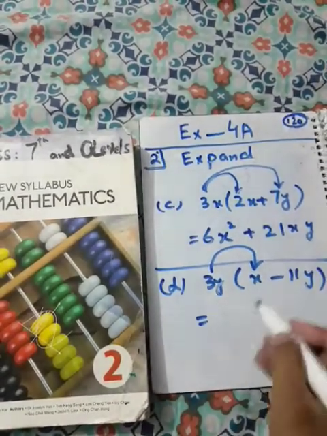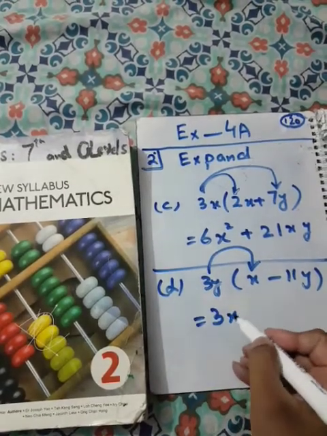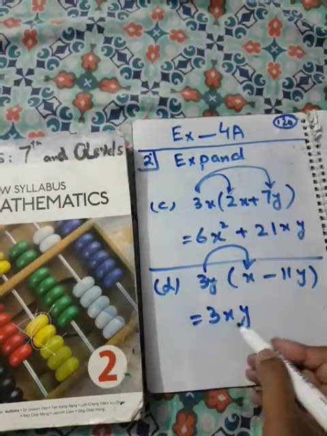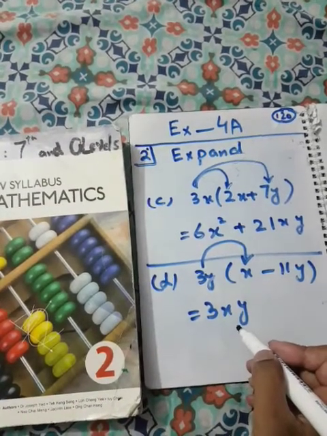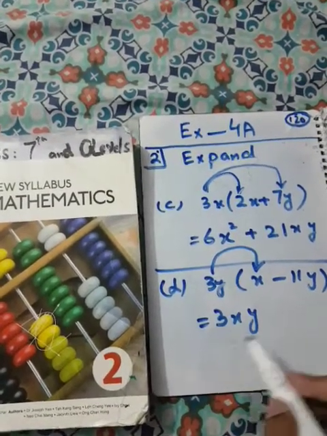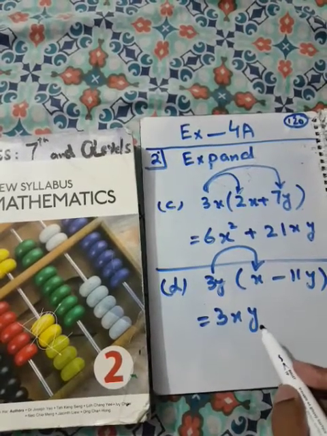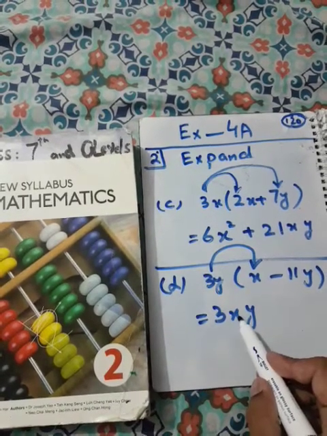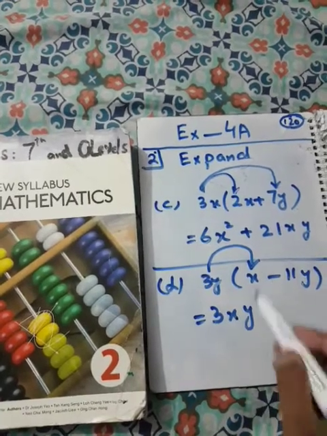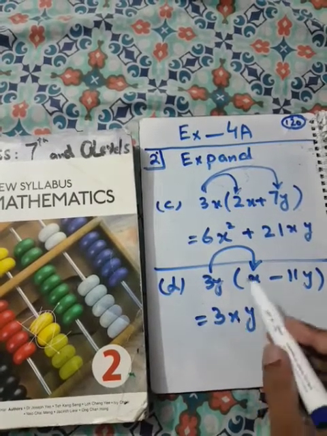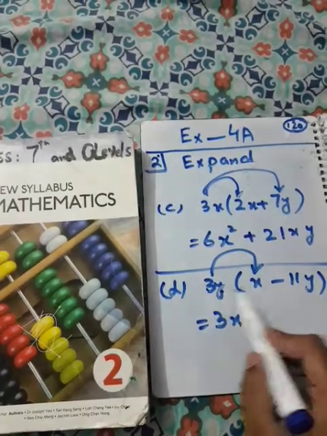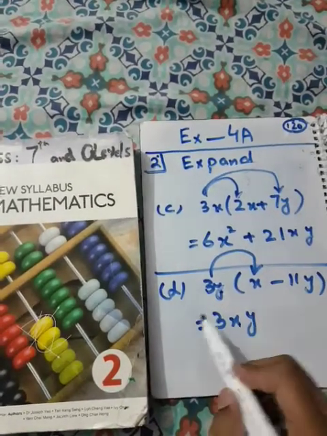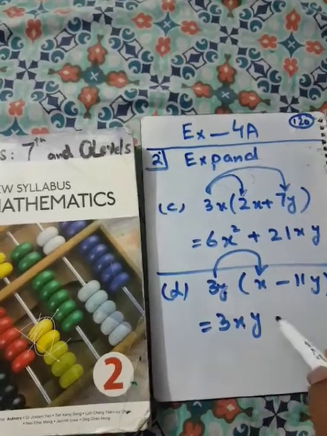3y will be multiplied with the x, so you will get 3xy. You can even write 3yx, but it is better to write in alphabetical order. 3xy. In alphabetical order, x appears before y, so that's why you should place x in the middle. You can write either way, no problem.